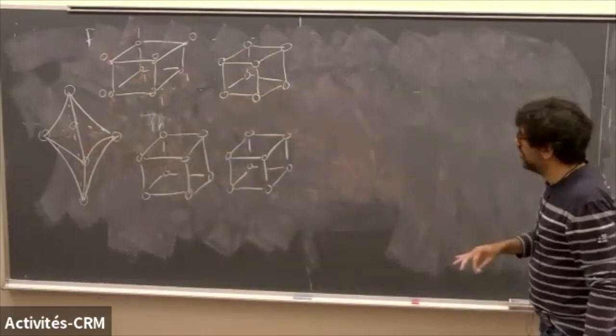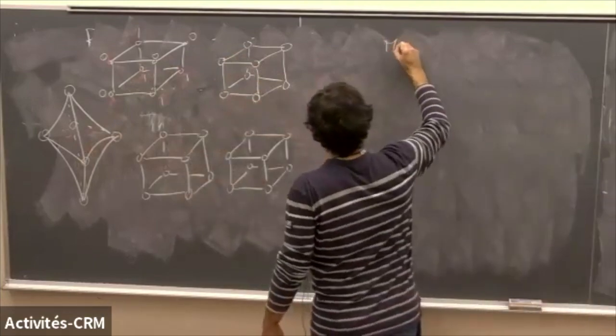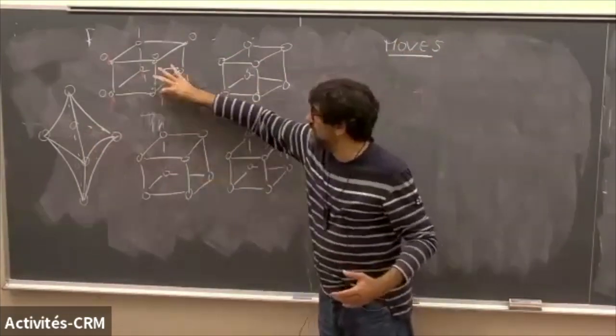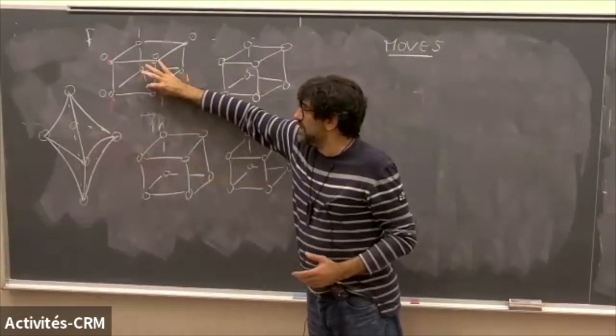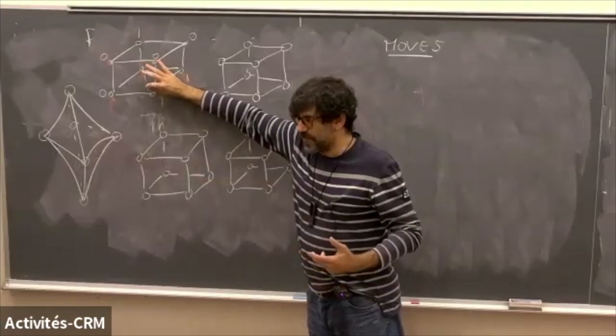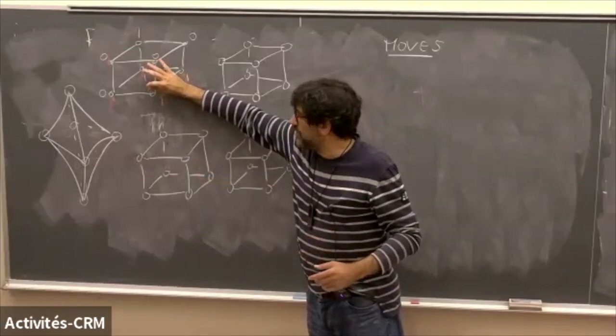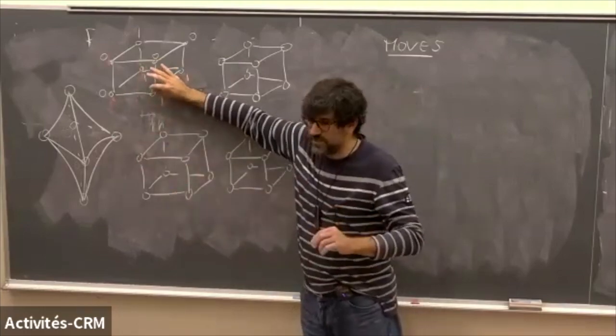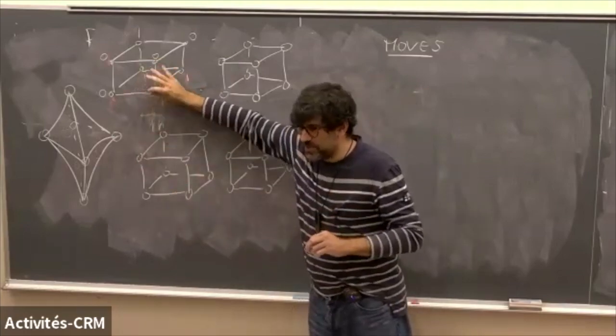And to extend this coherently, you build a system of moves that allow you to extend these arrows from the edges that start from the point dual to this octahedron to the other edges.